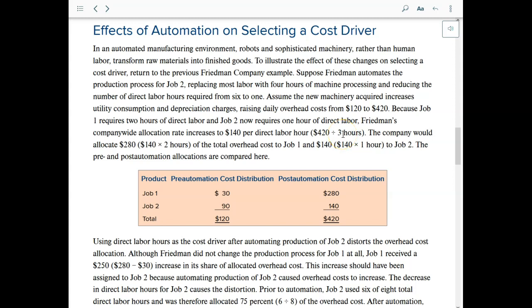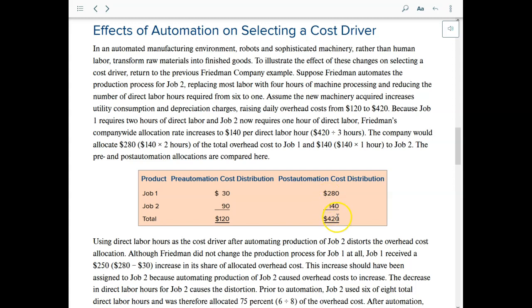Only 3 hours here because job number 1 still used 2 direct labor hours, and job number 2, being more automated, used only 1 direct labor hour. So we only have 3 hours to spread around here. So it's $140 per hour. So we allocate $280 to job number 1, and job number 2 only 1 hour, so $140. So that's how we would allocate the $420 of utilities and depreciation cost if we still used direct labor hours.